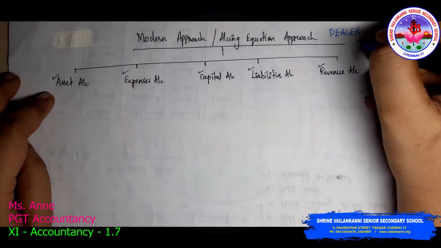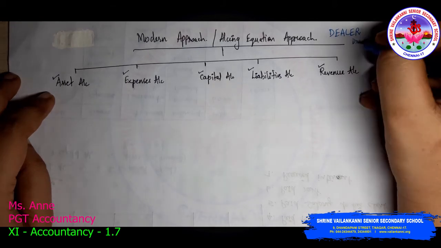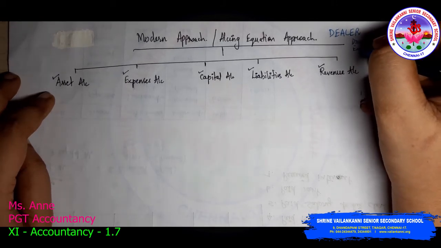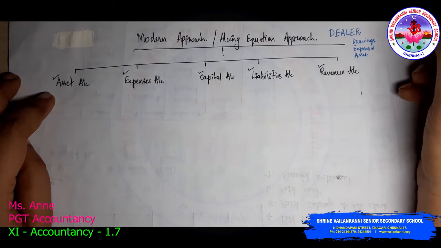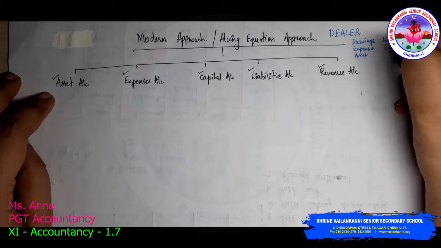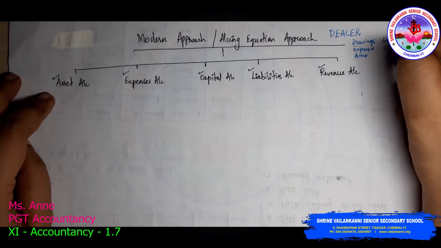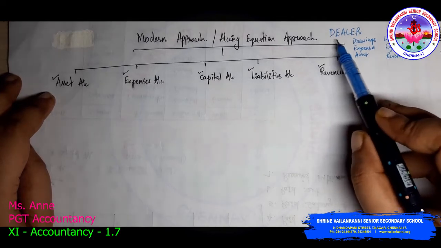So I'm just writing it here: drawings, expenses, asset, liability, equity, revenue. This is what the term stands for.